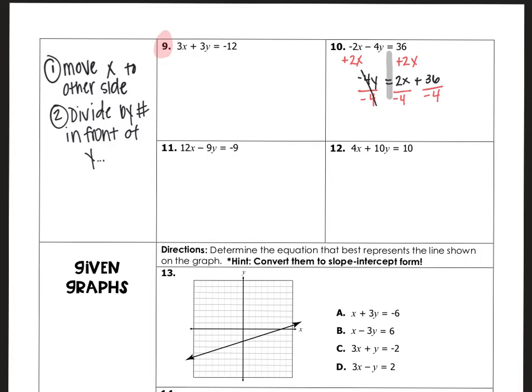And I'm left with y equals 2 divided by negative 4 gives me negative 1/2. So 2 divided by negative 4, math, enter, enter, x. And then 36 divided by negative 4 is negative 9.